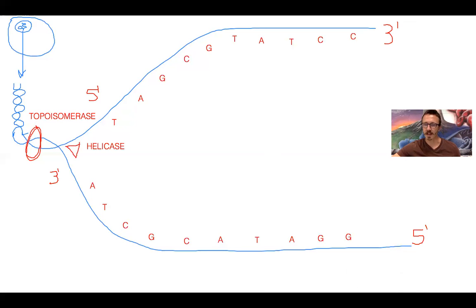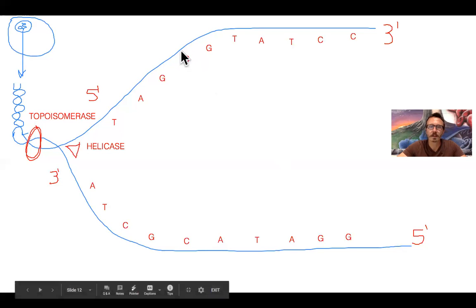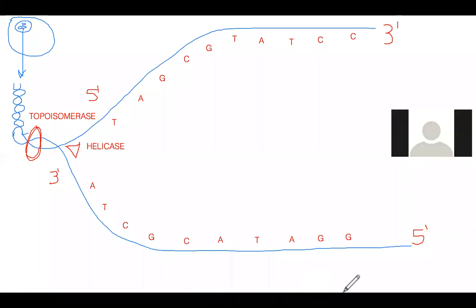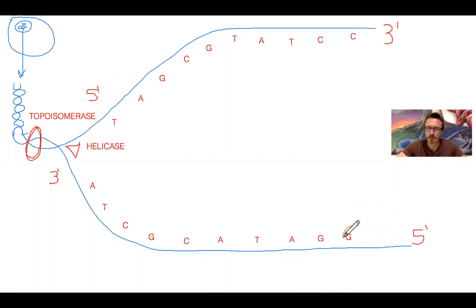All right, what happens next? Well, we have to get ready to start synthesizing a new strand. And just like getting ready to paint a car, or getting ready to paint a house or a wall, we need to lay down a primer. So we have these enzymes. We have a bunch of enzymes known as primase that will come and attach, and they'll give us a starting point, right?